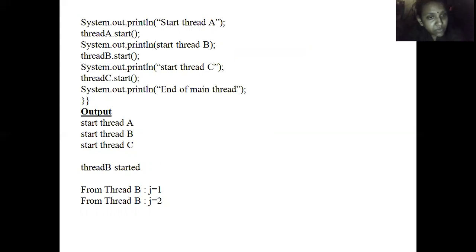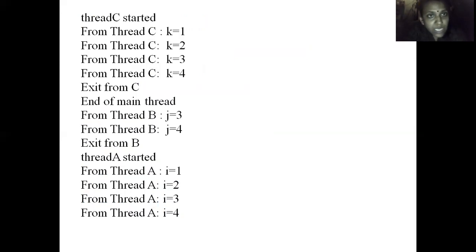A has started first, but it has minimum priority, so the execution will start from thread B. B will run 2 times, then C will start. C has the maximum priority, so it will complete its execution, running 4 times. Then the main thread also ends its execution, and B, which has the second highest priority, also needs to run 4 times.